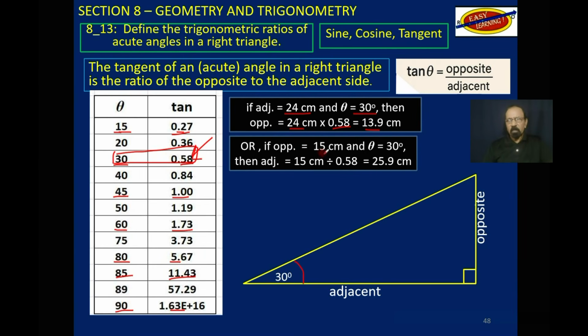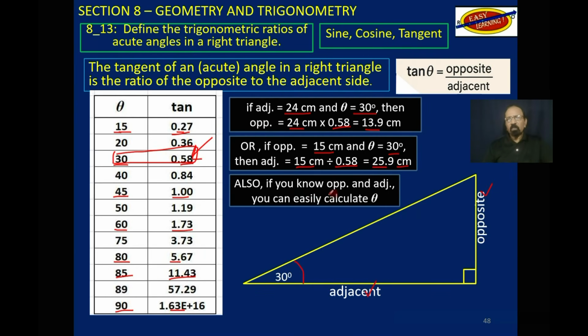Or if the opposite is 15 centimeters at 30 degrees, then the adjacent will be 15 divided by 0.58, which is 25.9 centimeters. In this case, you know the opposite, and we are calculating the adjacent. Also, if you know opposite and adjacent, you can easily calculate this angle here in a right triangle. But more of this calculation in objective 15.